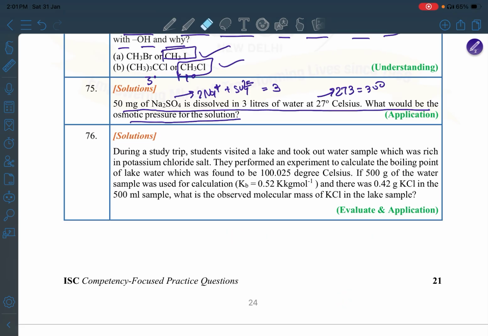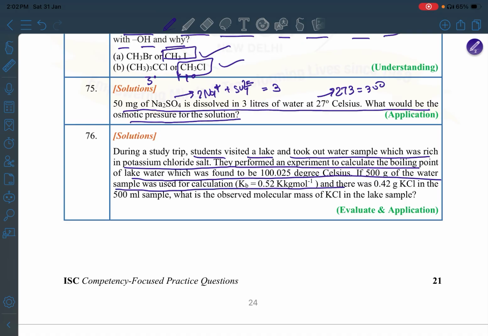Question number 76. During a study trip, students visited a lake and took out a water sample which was rich in potassium chloride salt. They performed the experiment and calculated the boiling point of the lake water to be about 100.025 degrees Celsius. If 500 gram of water sample was used for the calculation, Kb is this, then 0.42 gram of KCl is in the 500 sample. What will be the observed molecular mass?